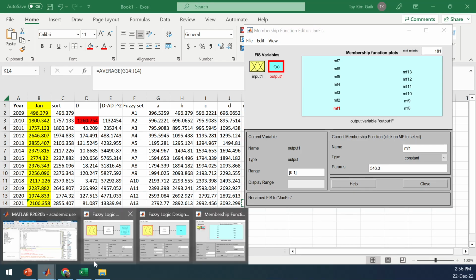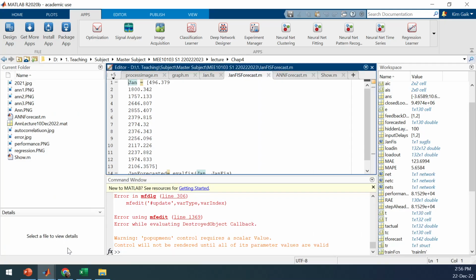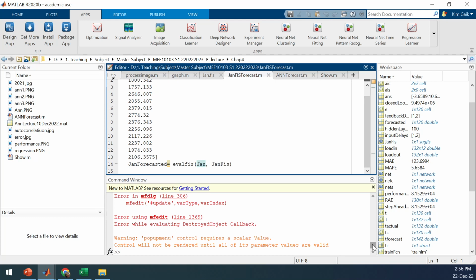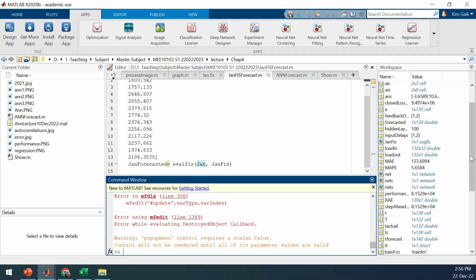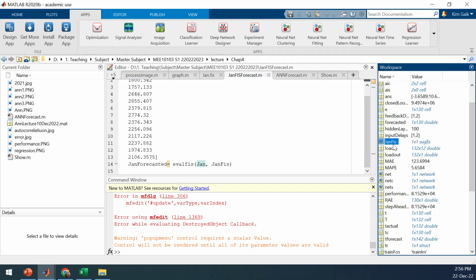Okay. This is the Jan FIS here. Because previously I have opened MATLAB, I got other workspace there. So this is the Jan FIS.